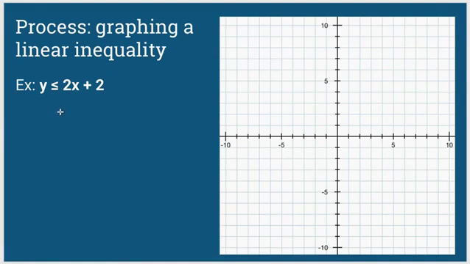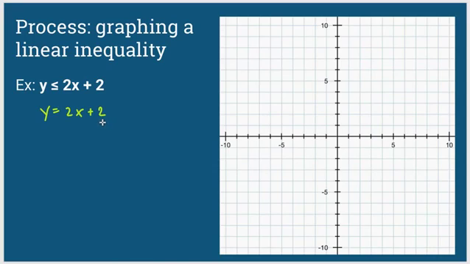First, I'm going to think about this as though it were a linear equation. So I'm going to imagine that I actually just have y equals 2x plus 2, and I'm going to start to graph this as though this were just a regular line, just like we've been doing.